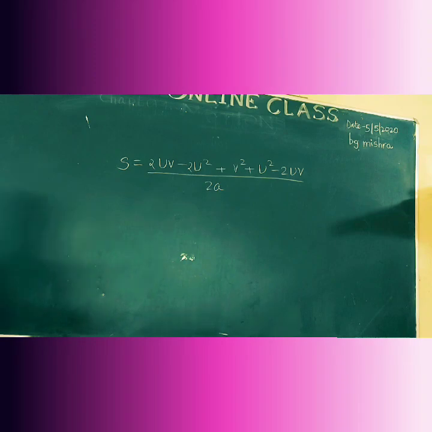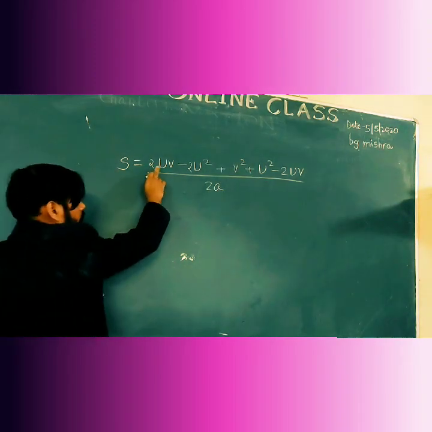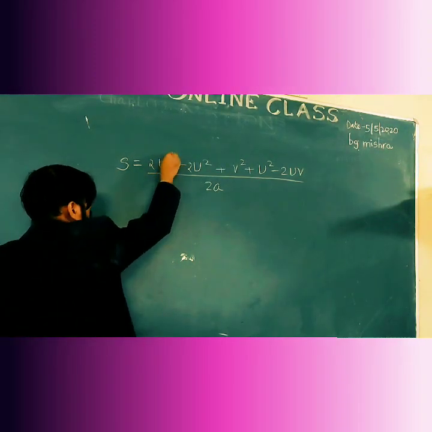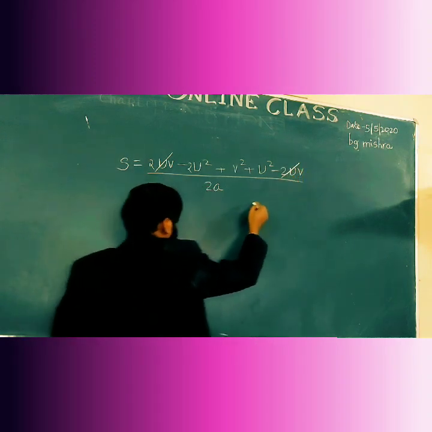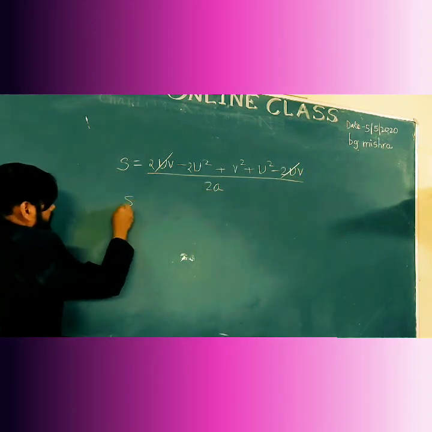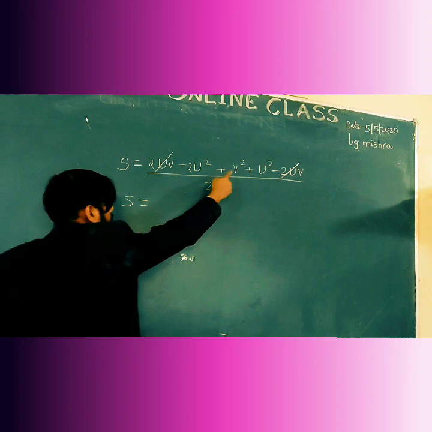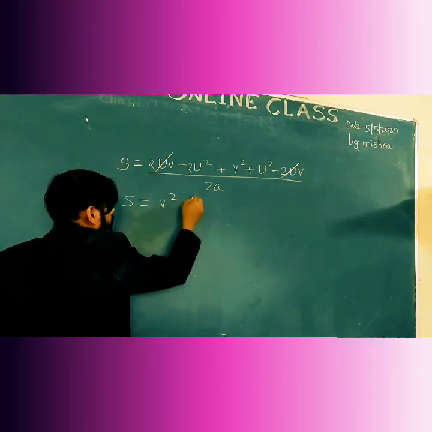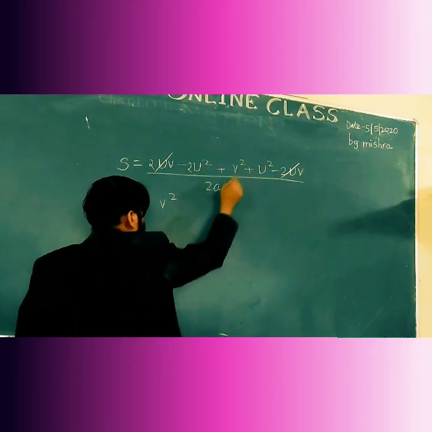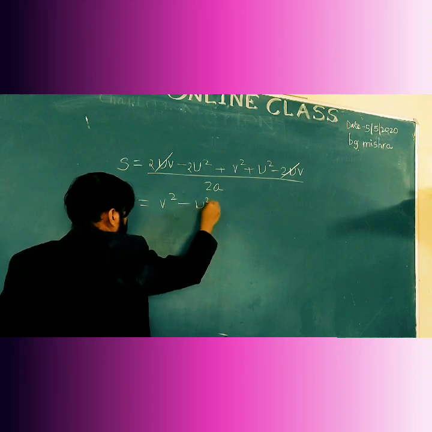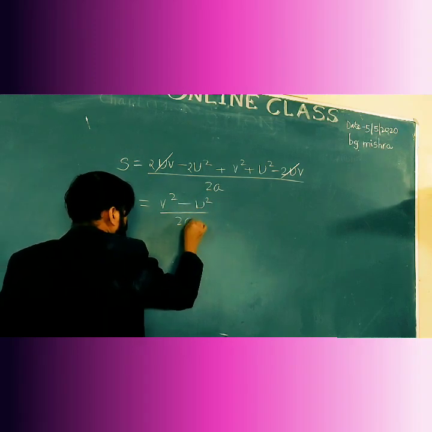Now S equals 2UV minus 2UV cancelled, so we will get S equals, see, V square minus 2U square plus U square, that is minus U square, upon 2A.